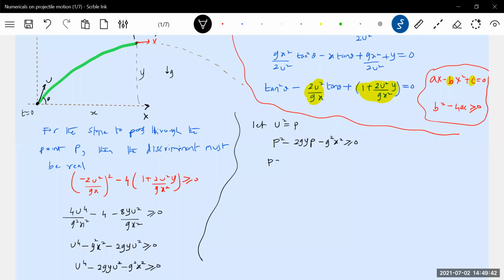Okay, we'll solve for p. This should be 2gy plus or minus square root of (2gy) whole square minus 4 g square x square, divided by 2.